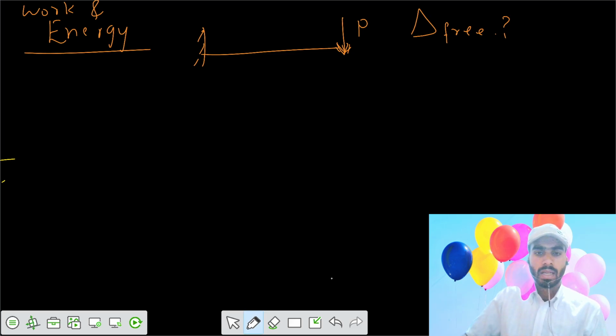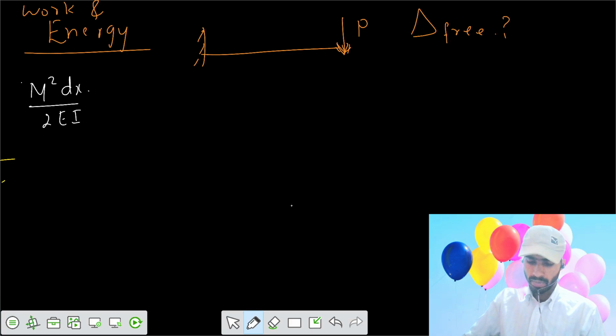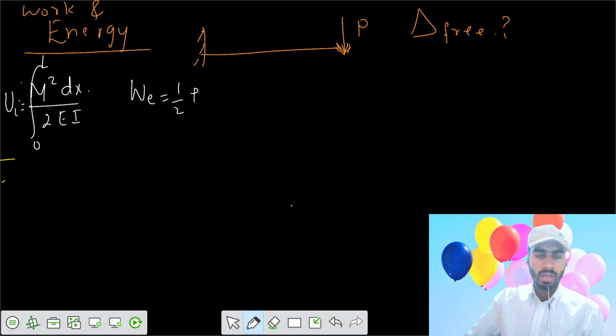We have the equation M squared dx by 2EI, which is the internal strain energy stored, and the external work done equals 1 by 2 P into theta, or we can write 1 by 2 P into delta.